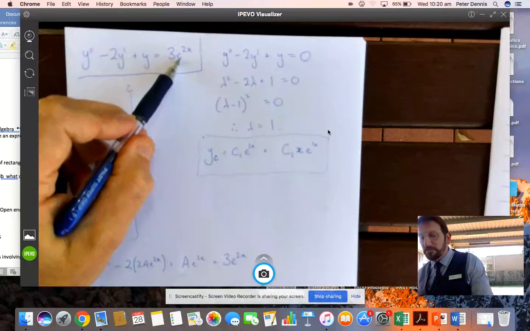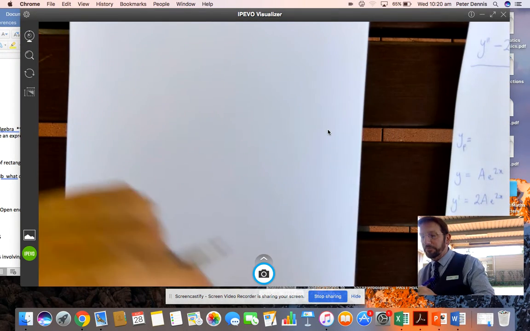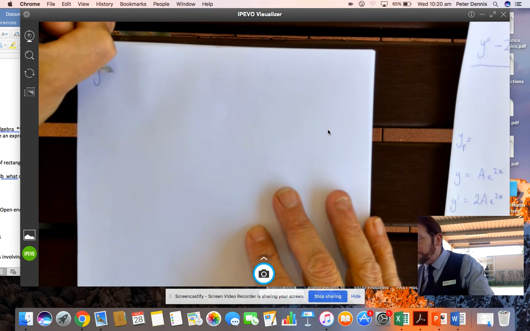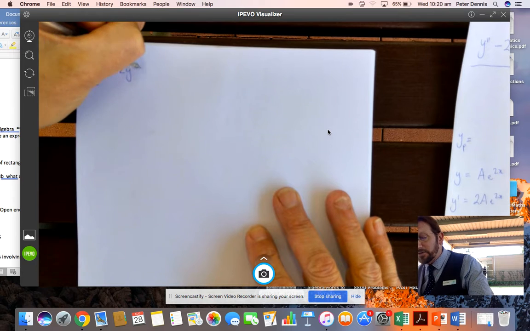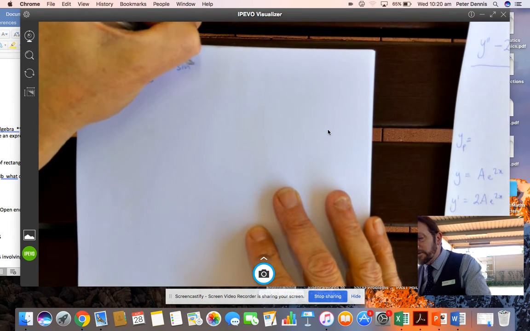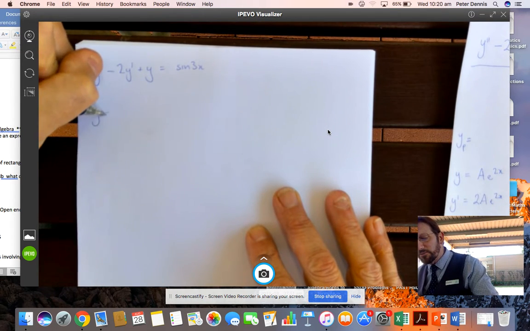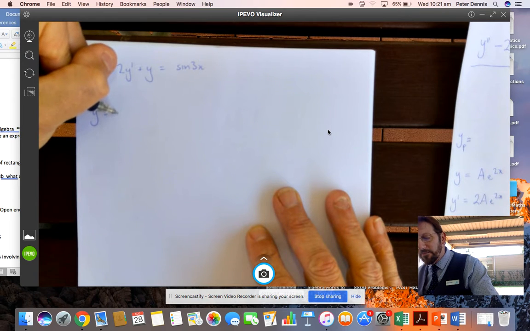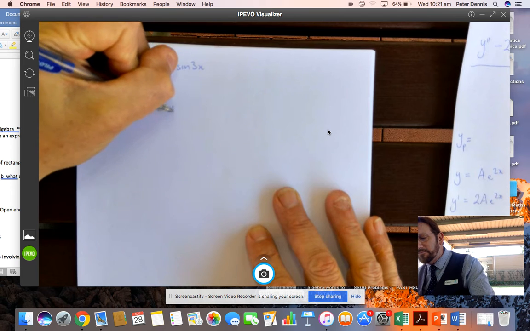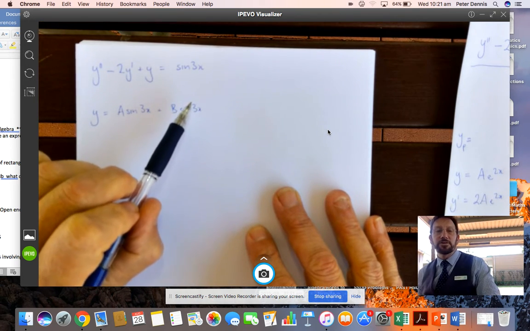So if this isn't an exponential, if it was a sine or a cos, if you had this function again, y double dash minus 2y dash plus y equals sine 3x, then your initial guess, you would guess it as a sine 3x plus b cos 3x, because the 3x isn't going to change.